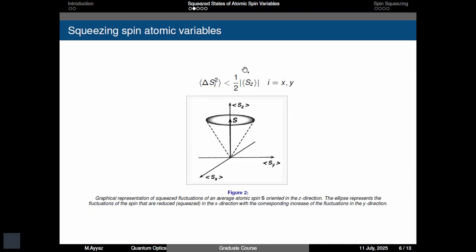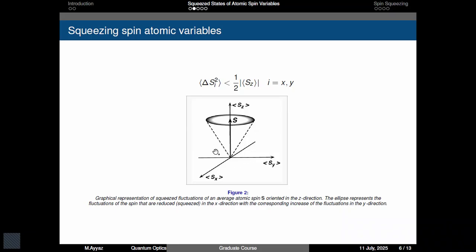In order to get squeezing in the fluctuations of one of the spin components, we have to reduce it, and this reduction will give us this inequality, and the quantity on the right-hand side of this inequality is the standard quantum limit in spin squeezing, and we have to go below this in order to get reduced fluctuations in one of the spin components.